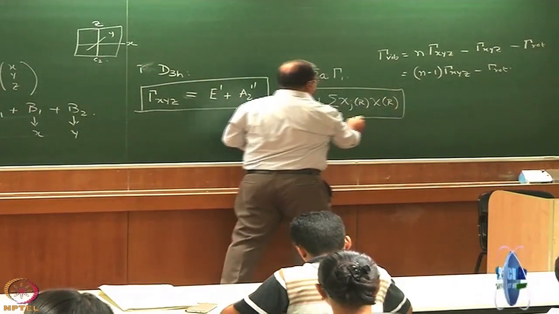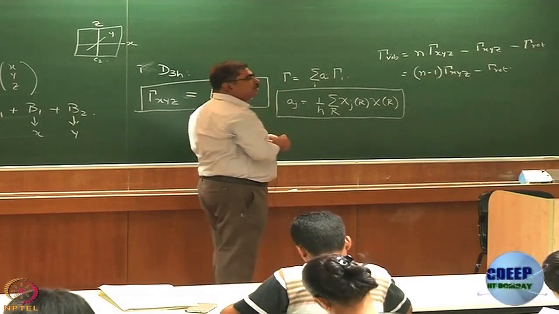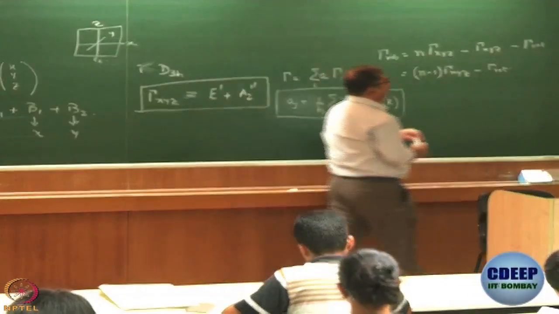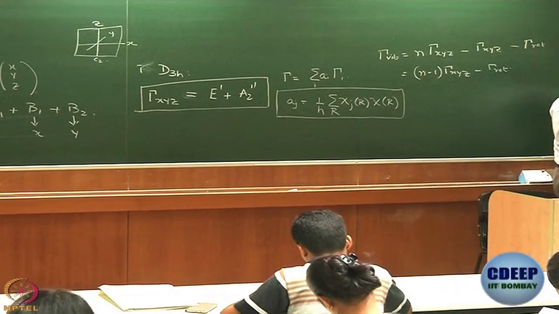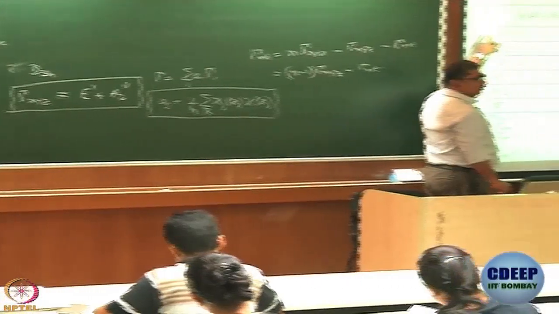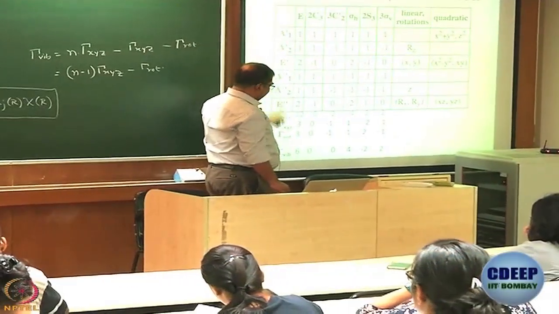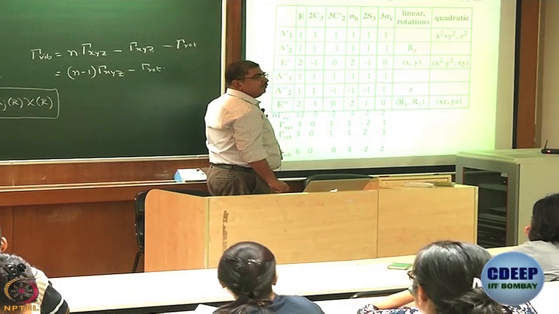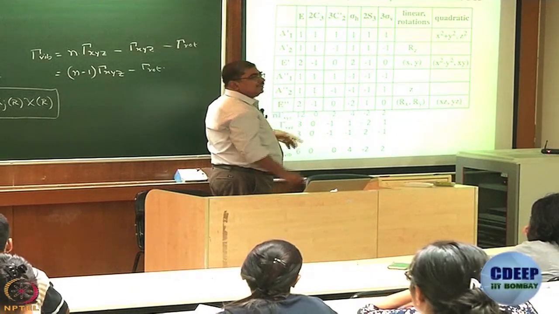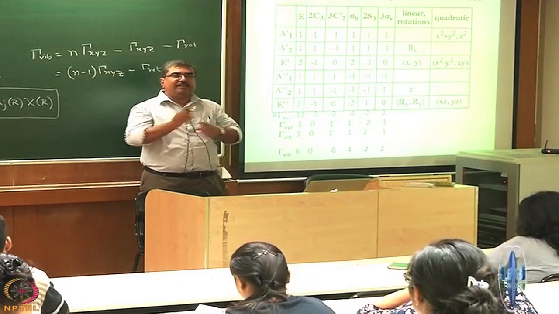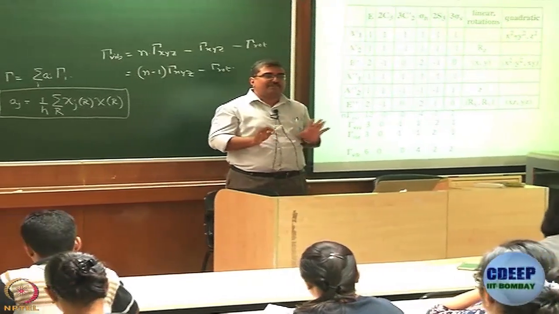Using this working formula, can you work out the values of a for these symmetry species that are there in this gamma vib, which is a reducible representation? Can we do that? Is the problem defined? Have you understood the problem?